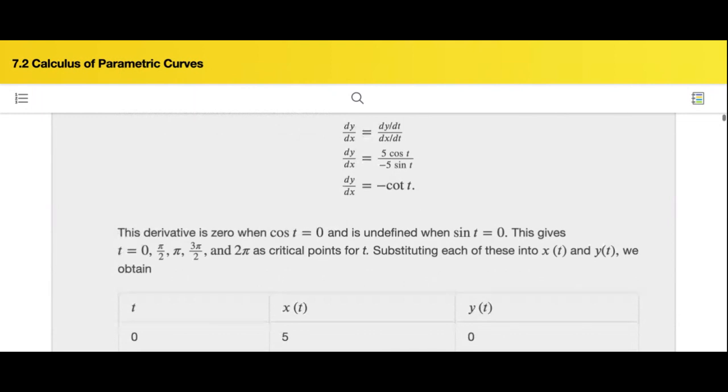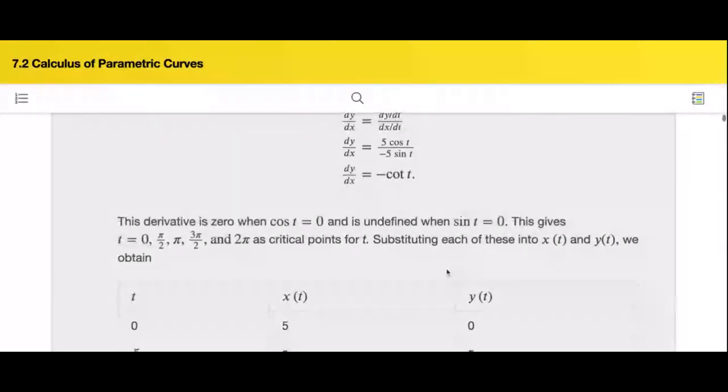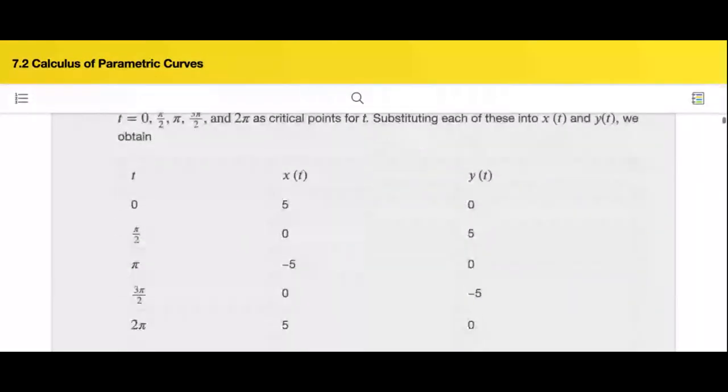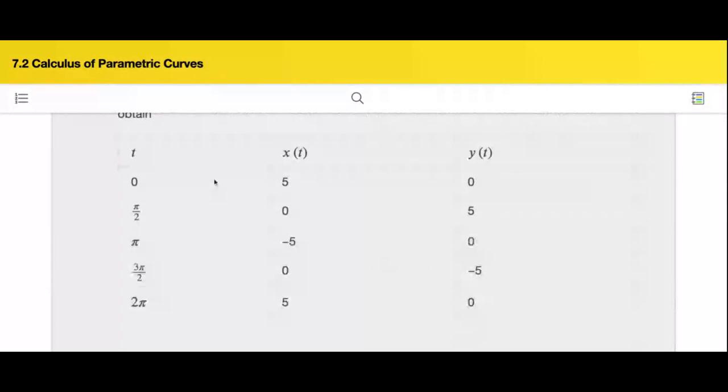So substituting, we get those points. We get (5, 0) as a point, (0, 5) is a point, (-5, 0) is a point, (0, -5) is a point, and (5, 0) is of course the same as the first one. We see those 4 points. What are those 4 points? 2 are x-intercepts and 2 are y-intercepts.